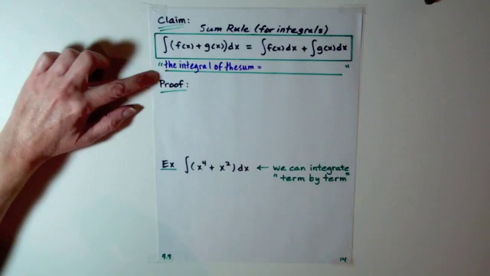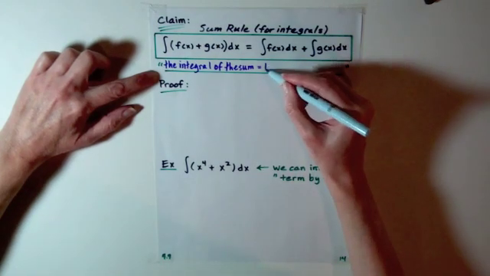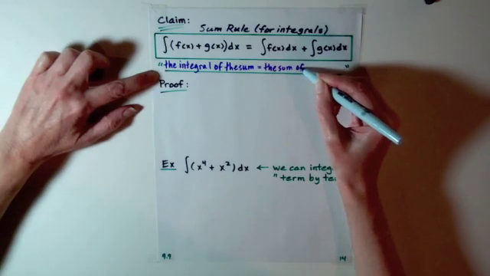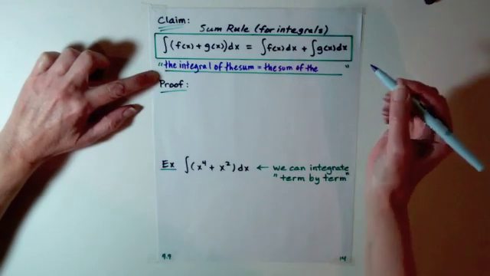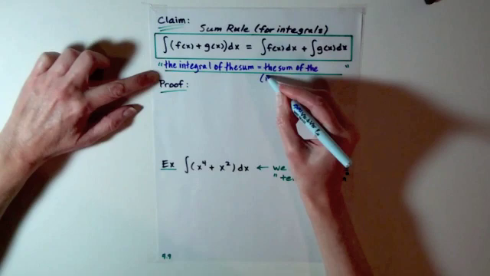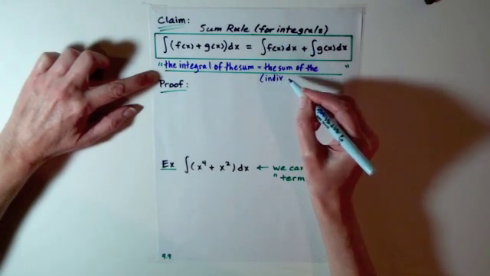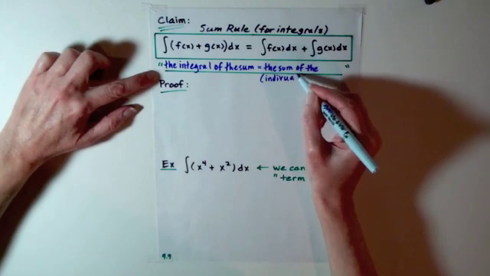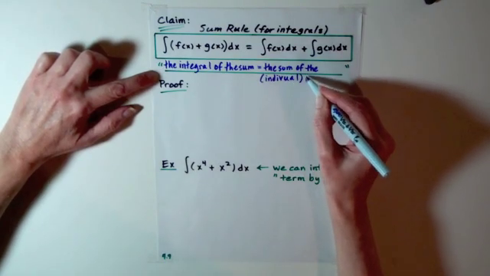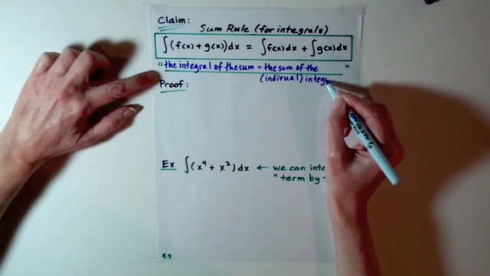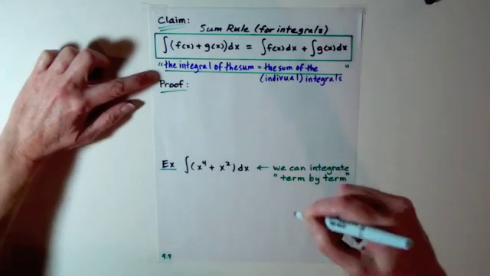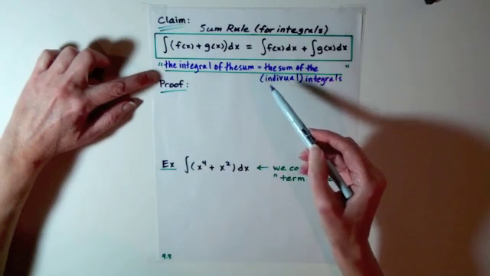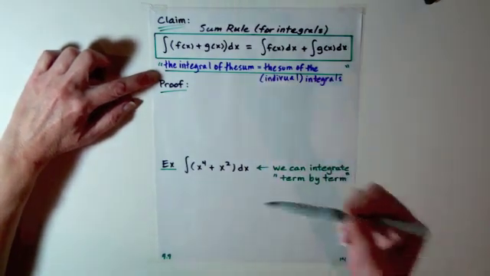The integral of the sum equals the sum of the individual, if you want to put that in parentheses, the individual integrals. But usually, because it sounds nicer, rhythmically we say the integral of the sum equals the sum of the integrals.